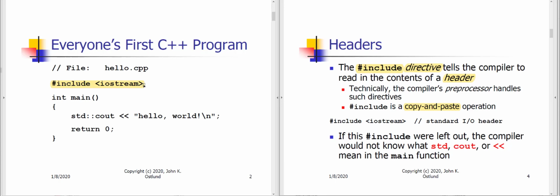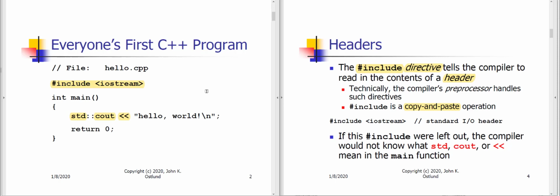Now, the reason that we have to have the include of IOStream is that later in our program, there are these words std and cout, and there's this symbol, this operator, double less than sign. Those are only meaningful to the compiler if the contents of the IOStream header has been included.